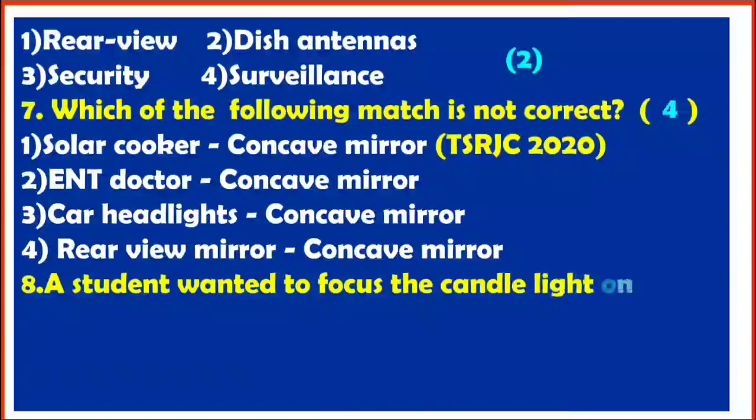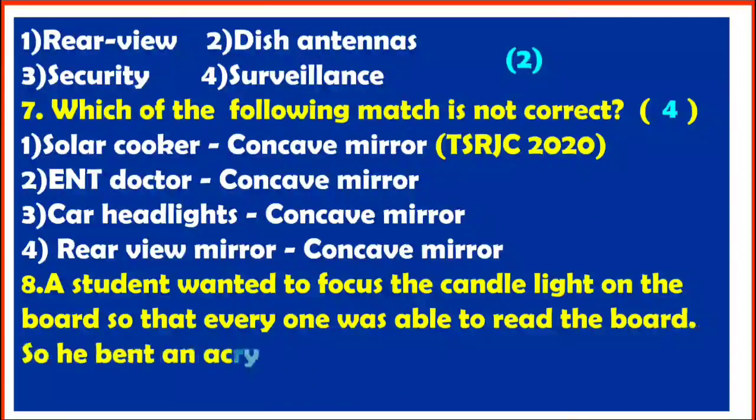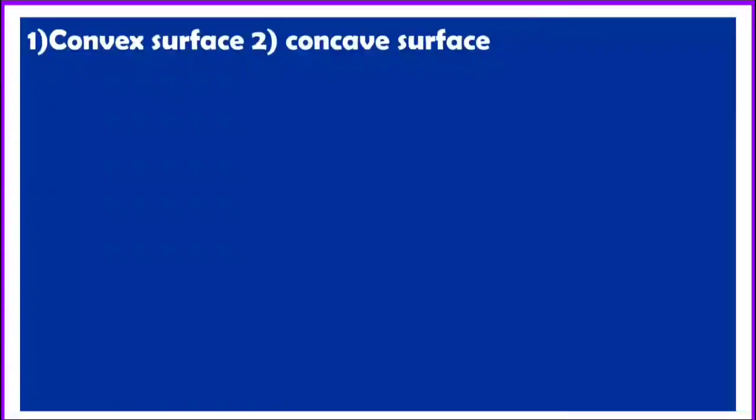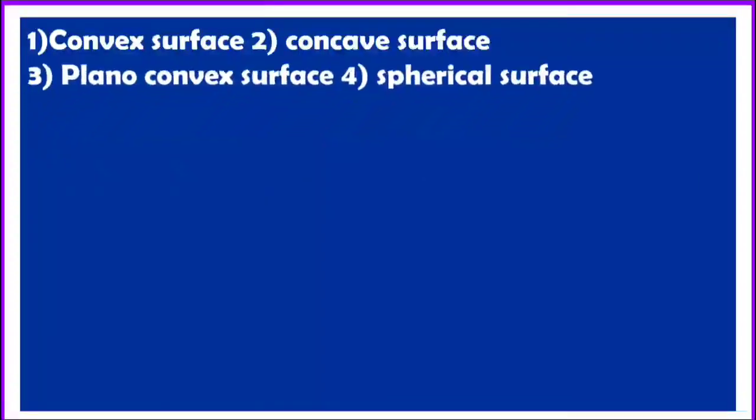Eighth question. A student wanted to focus the candle light on the board so that everyone was able to read the board. So he bent the acrylic mirror sheet as it is appeared to be A. Here given options are option 1 convex surface, option 2 concave surface, option 3 plano convex surface, option 4 spherical surface.